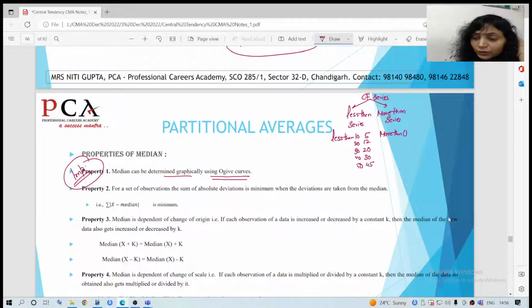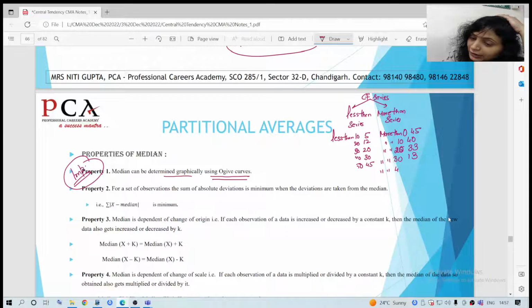More than 0, suppose it's 45. More than 10, it's 40. More than 20, it's 45 minus 12, that is 33. More than 30, this is 33 minus 20, 13.